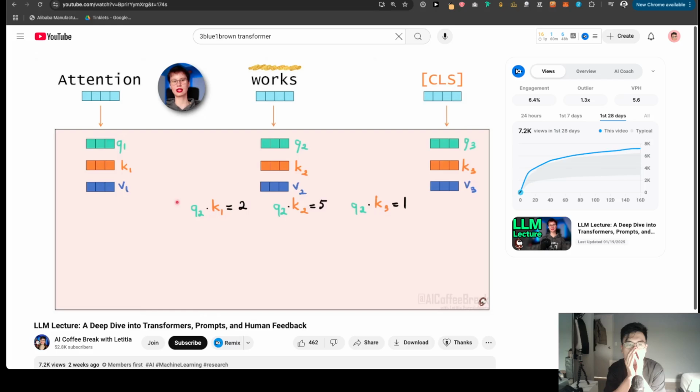So we will take query 2, multiply it with key 1, and we will get a certain value, let's say 2. It's just a scalar product between these two vectors. Then we'll do the same multiplication for the other pairs of vectors, and we'll get some certain values outputted by the scalar product. Then what happens is a division by the dimensionality of the vectors.